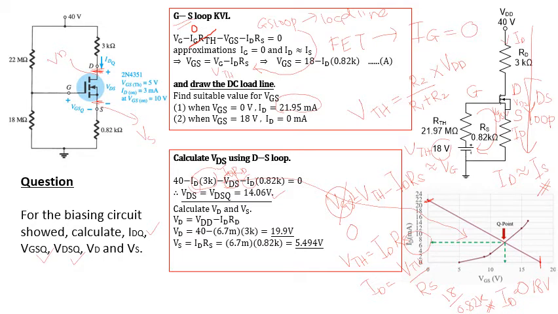Maybe this question will give you the value of the VDS, then you have to find this resistor. You have to calculate. You have to identify how to analyze the graph. From the graph, you have to know how to extract the information. All right, so let's take a look.